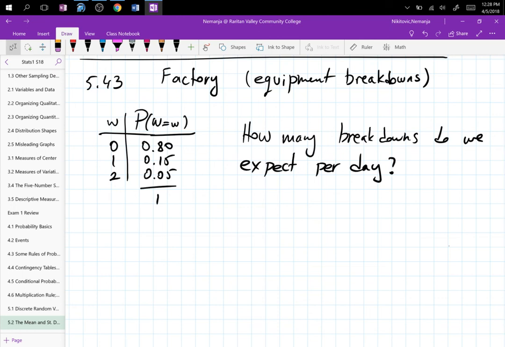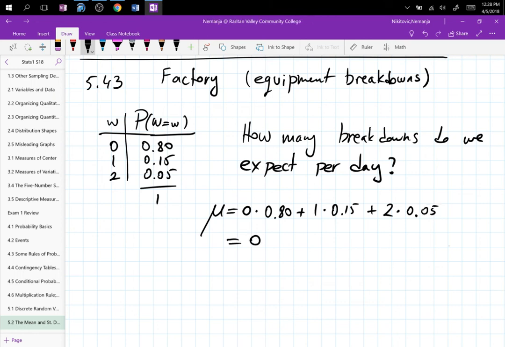We have mu equals 0 times 0.80, plus 1 times 0.15, plus 2 times 0.05.